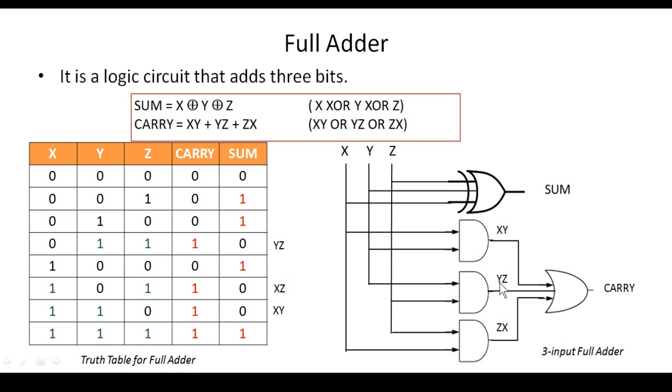So you will get Y dot Z, and then you got Z dot X. The last one, you got X and then Z. Join both to an AND gate, so you will get Z dot X. Okay, so three terms. Then you join them with an OR gate. You can see that plus sign in between, so join it with an OR gate. That is the carry. So carry will be XY plus YZ plus ZX. So that is the carry.